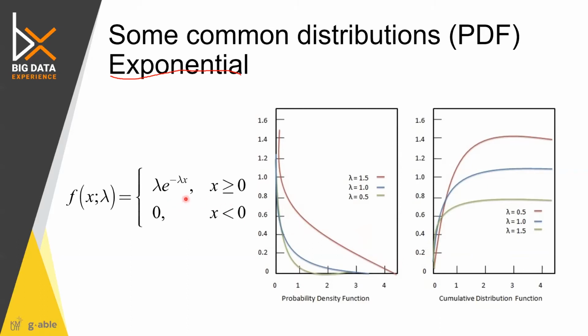Lambda is often thought of as, I think you also passed the circuit class, right? Lambda is sometimes thought of as 1 over tau.